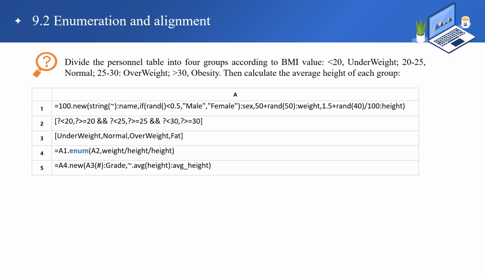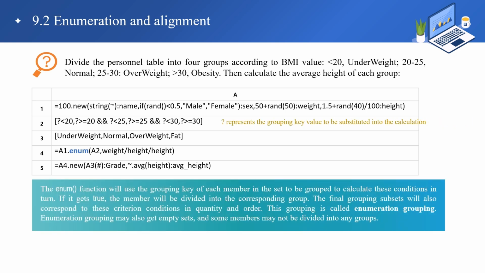The conditions of different levels are written into strings to form a sequence, in which the question mark represents the grouping key value to be substituted into the calculation. The enum function will use the grouping key of each member in the set to be grouped to calculate these conditions in turn. If it gets true, the member will be divided into the corresponding group. The final grouping subsets will also correspond to these criterion conditions in quantity and order.